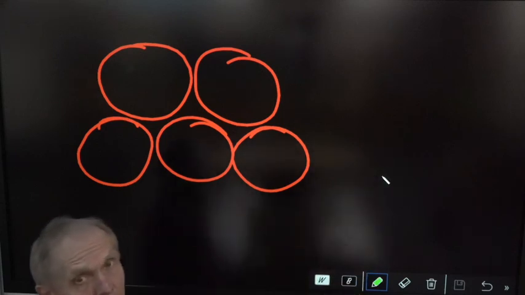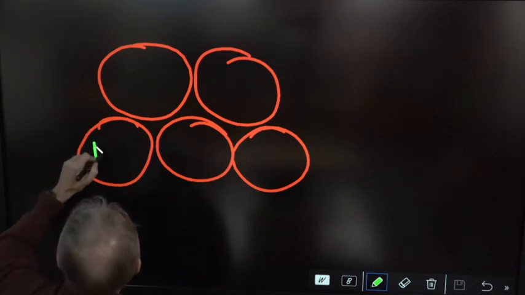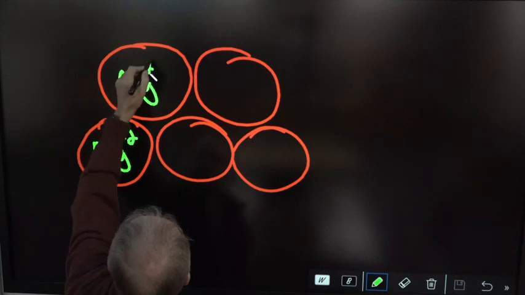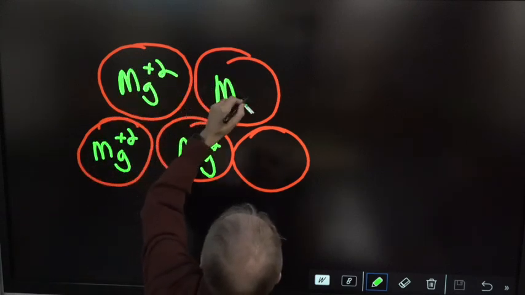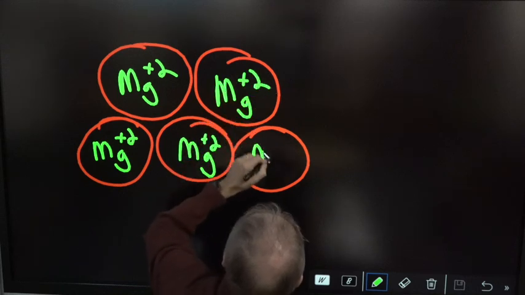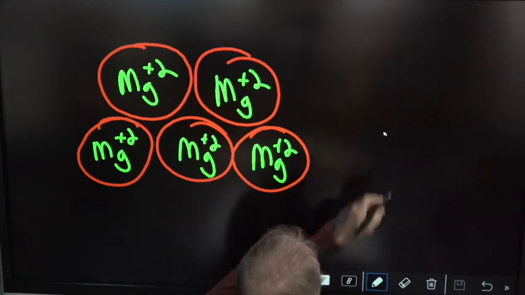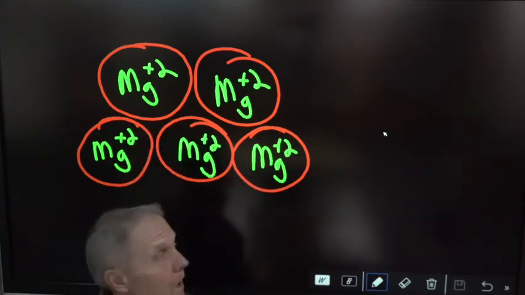So if these were kernels of Mg, it would look like this. Mg plus 2, Mg plus 2, Mg plus 2, Mg plus 2, Mg plus 2. So these are fixed positive kernels, all right?